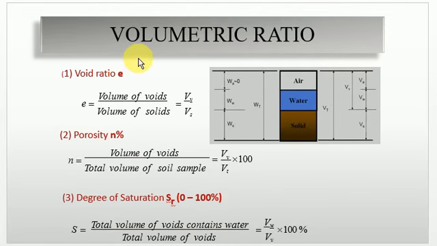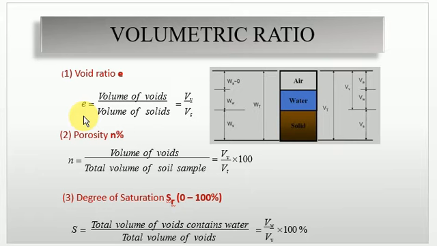The void ratio is the ratio of volume of voids to the volume of solids. Volume of voids is denoted by Vv. Vv is equal to Va plus Vw, where Va is volume of air and Vw is volume of water. So the equation of void ratio is e is equal to Vv upon Vs.